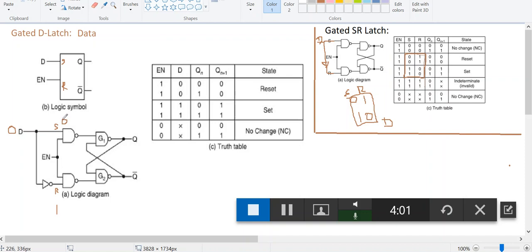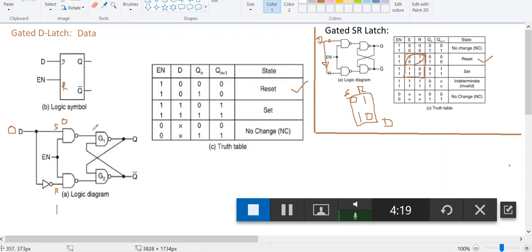Now when S is equal to 0 and R is equal to 1, you can observe from the truth table what the state is: reset state. That is the output I am representing here as the reset state.